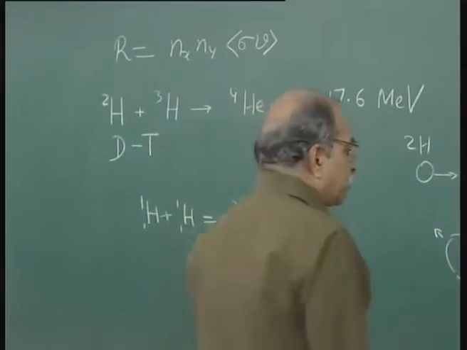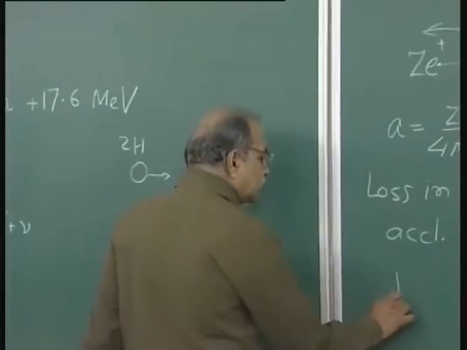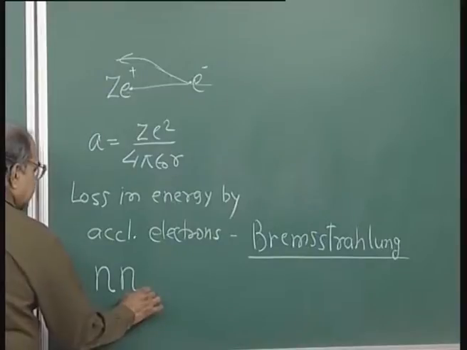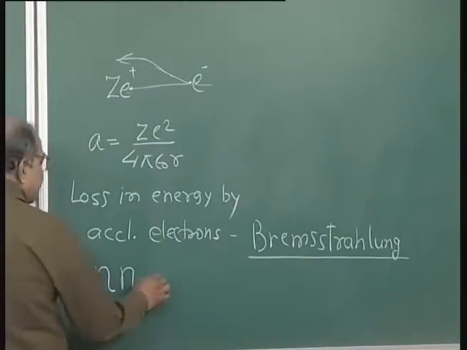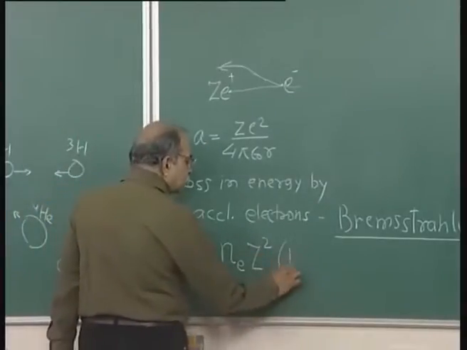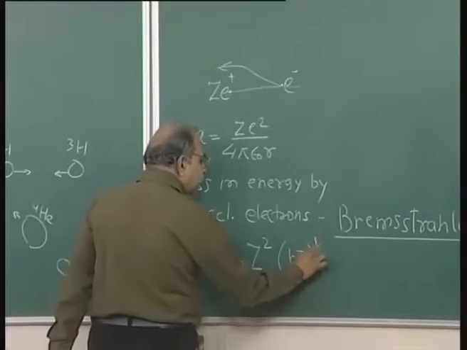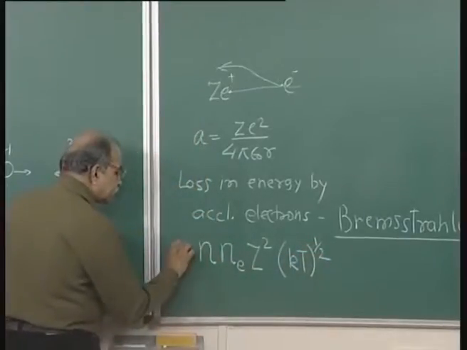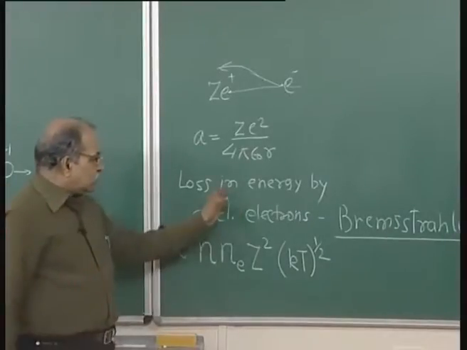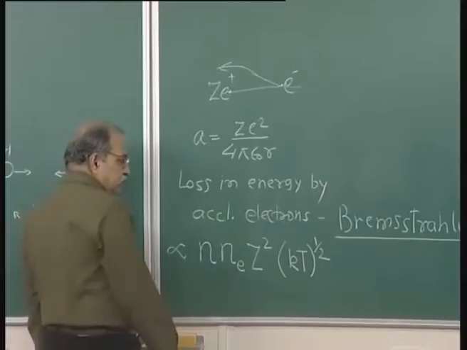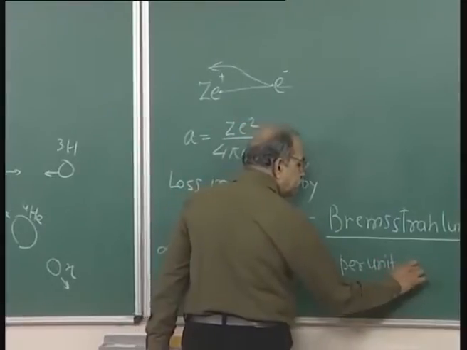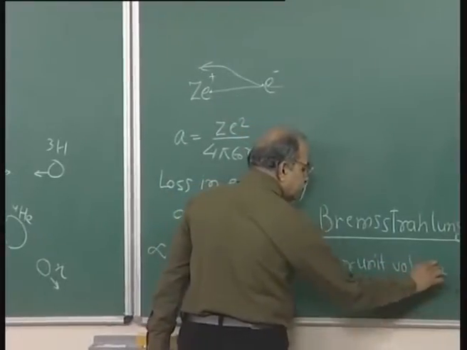So, it will be proportional to the concentration of the positive ions, proportional to the concentration of the electrons, proportional to Z squared, and then proportional to the relative speed, say (kT)^(1/2). This is loss in energy because of this Bremsstrahlung per unit volume and per unit time.